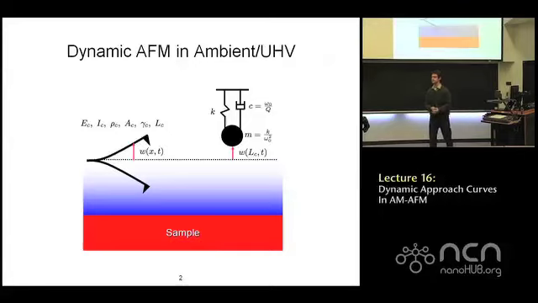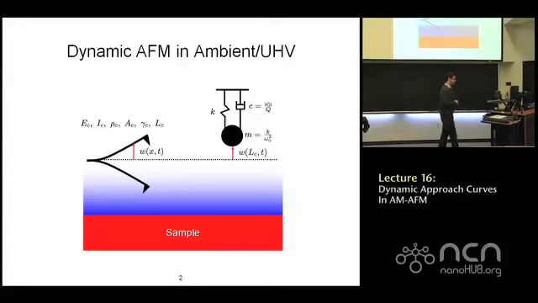The caveat here is that we're basically going to be looking at ambient and ultra-high vacuum conditions. What we mean by that is we're going to model the cantilever, which is a continuous structure with properties like elastic modulus, area moment of inertia, damping coefficients and length, as a single degree of freedom point mass oscillator.